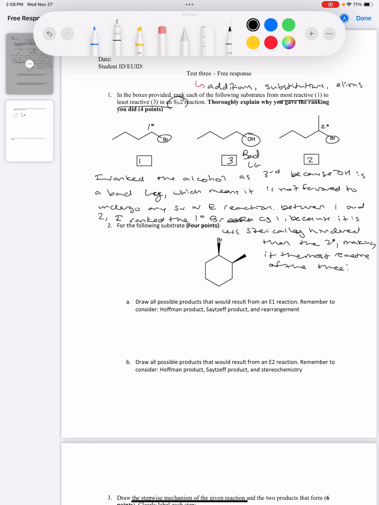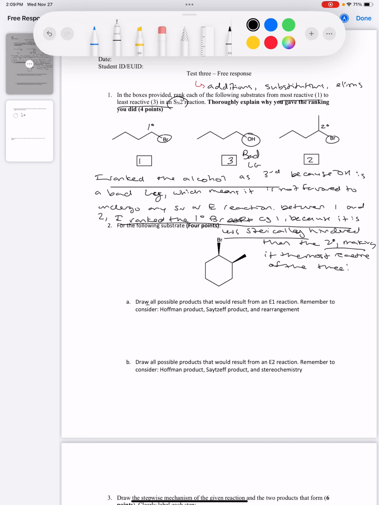There we go. So that's how I would explain it, or something along those lines. So I clearly explained why the alcohol is third, why the primary bromine is the first, and then that leaves the secondary bromine to be in the middle of those two.